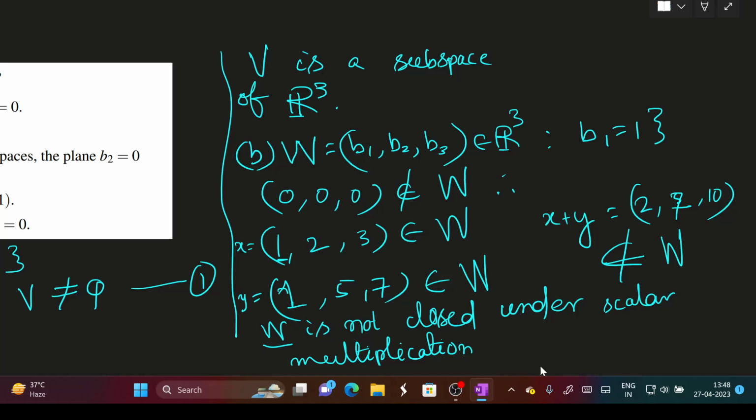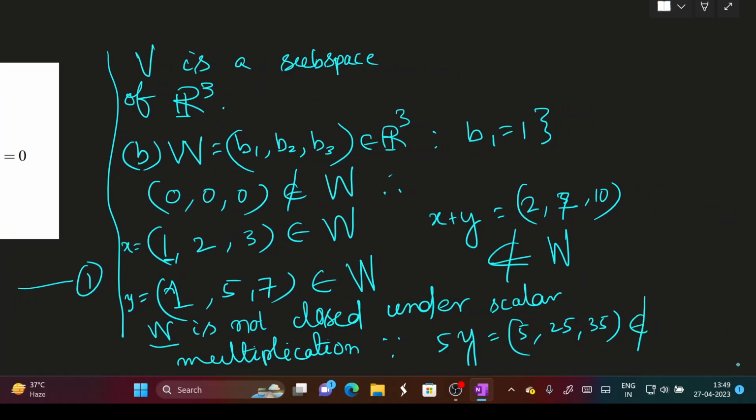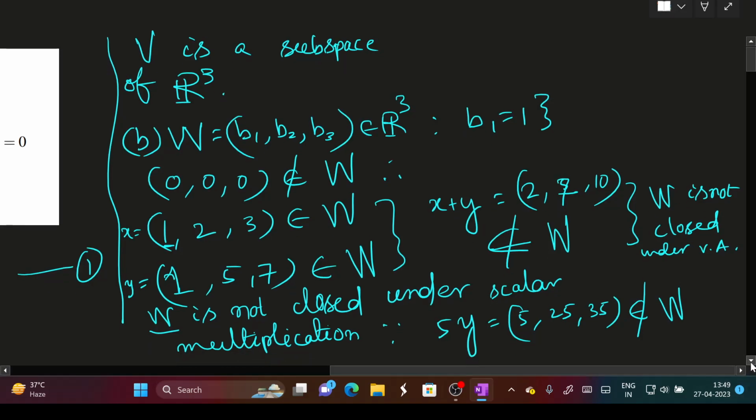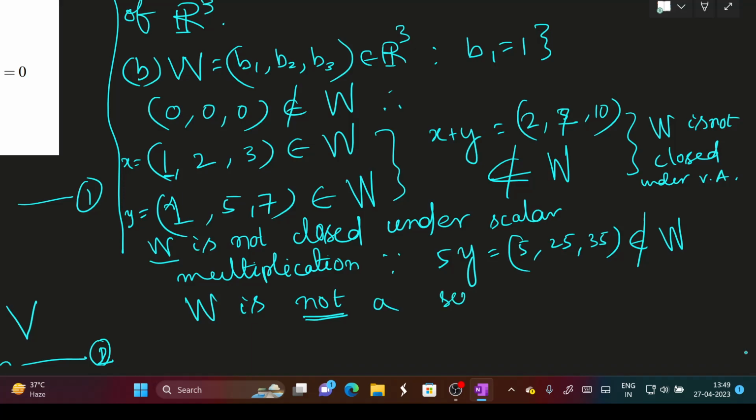And W is not closed under scalar multiplication, since 5 times Y is equal to (5, 25, 35), which is not an element of W. Because of these two reasons, W is not closed under vector addition and scalar multiplication. Hence W is not a subspace. So to prove that it is not a subspace, just a counterexample is sufficient.